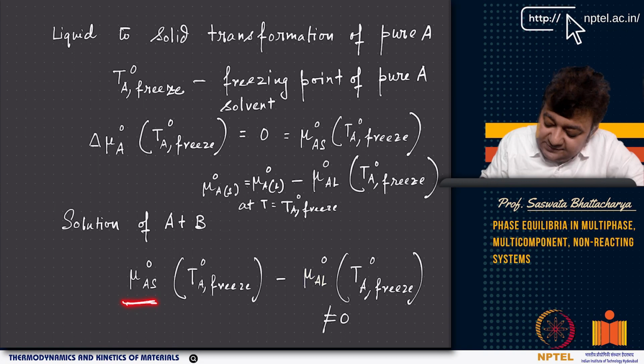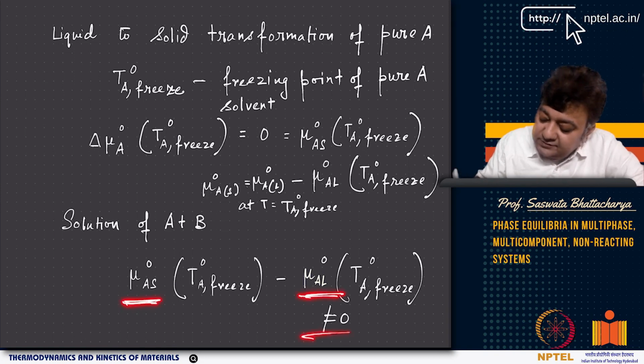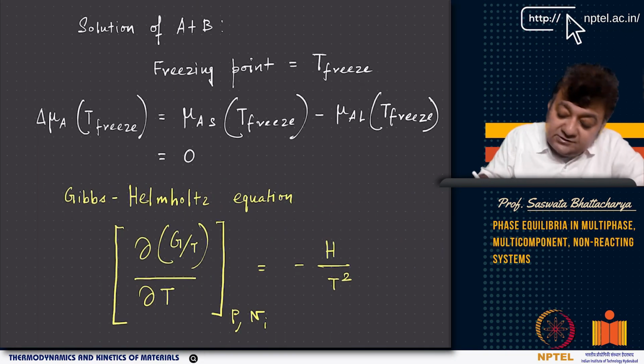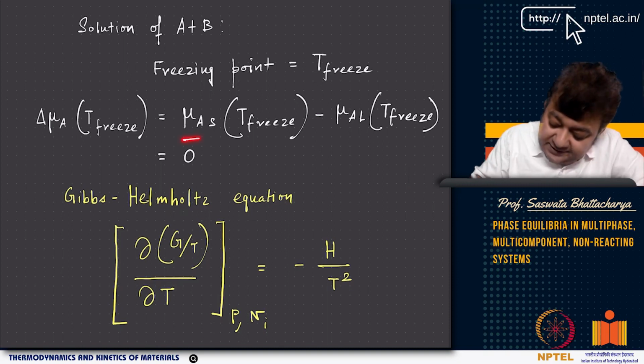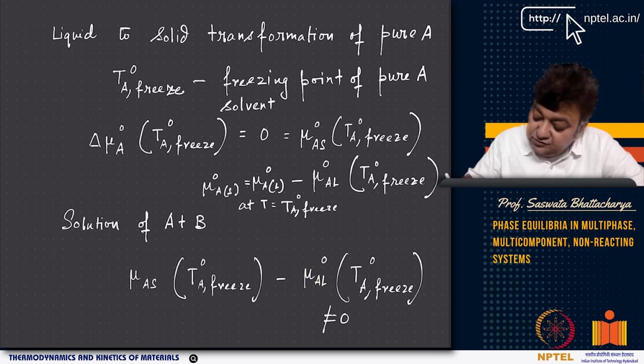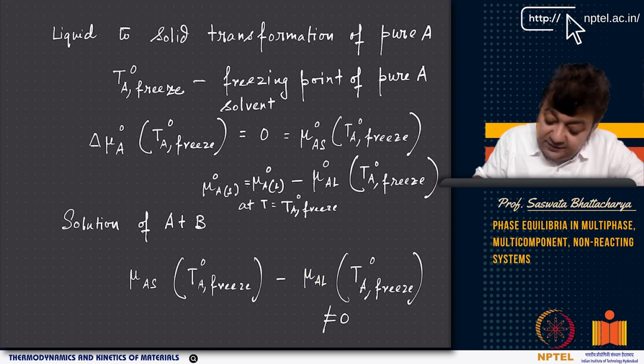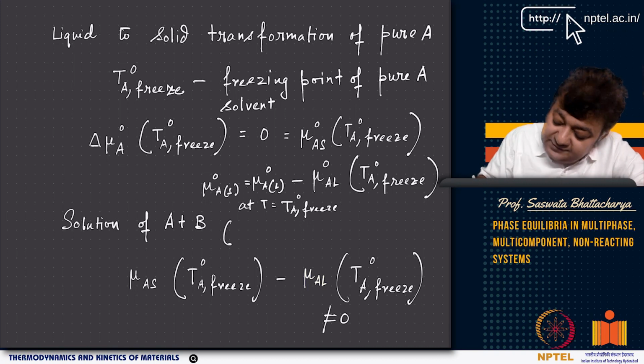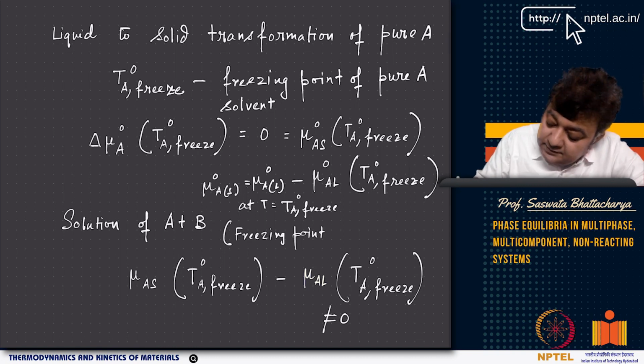So you see that mu S and mu A L are no longer equal at this temperature, right? You can get rid of these zeros here, because zeros assume the pure state. What I am saying is that mu S minus mu L at T A 0 freeze is not 0, because for a solution of A and B the freezing point is different. The freezing point is not equal to T A 0 freeze.